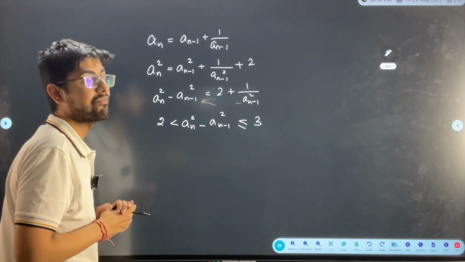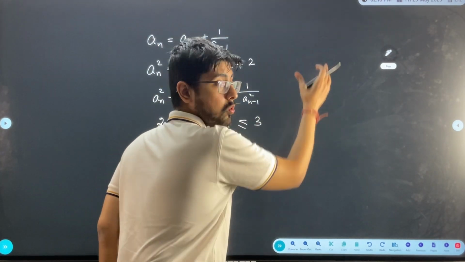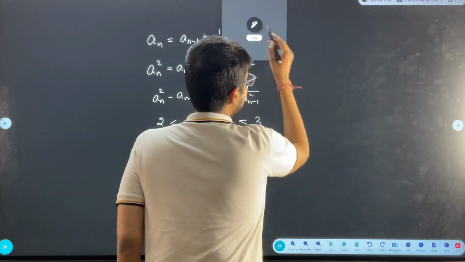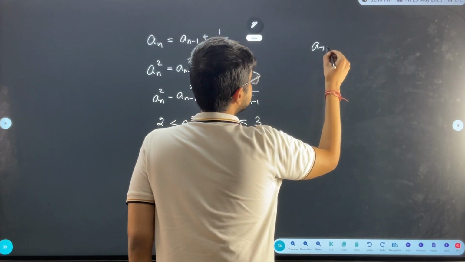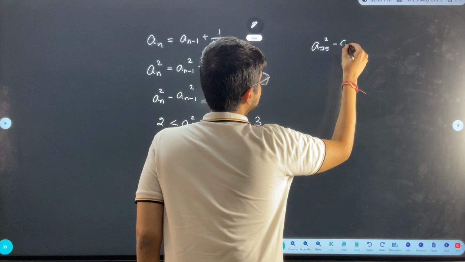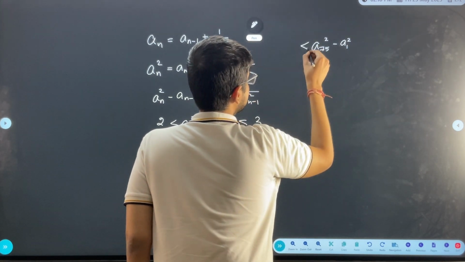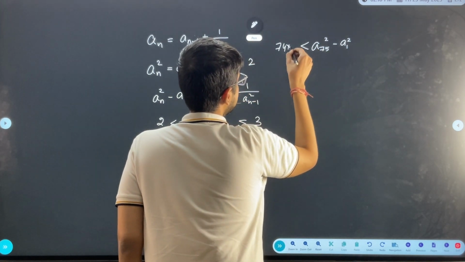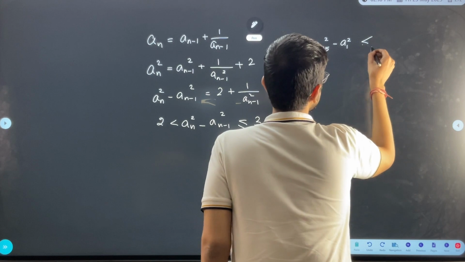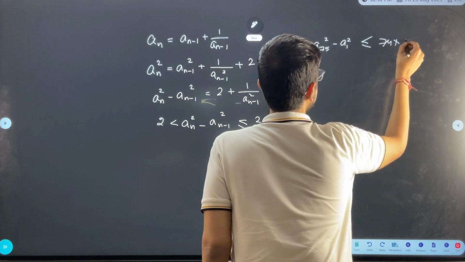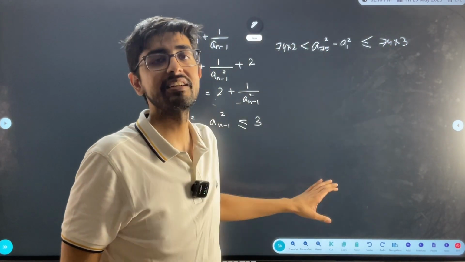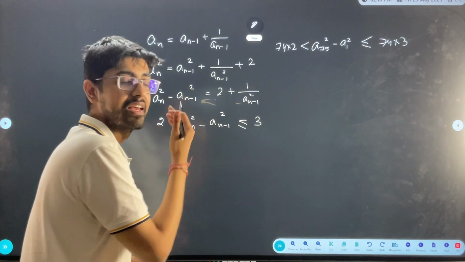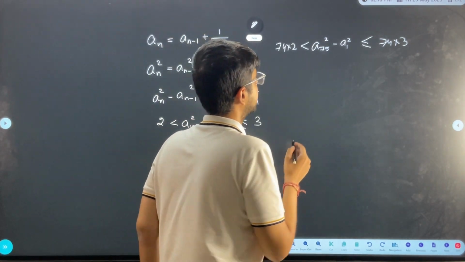So, once we have this with us, we can do the telescopic series and say that a75 square minus a1 square is greater than 74 into 2 and less than or equal to 74 into 3, because we have listed it down 74 times as we saw in the previous case.